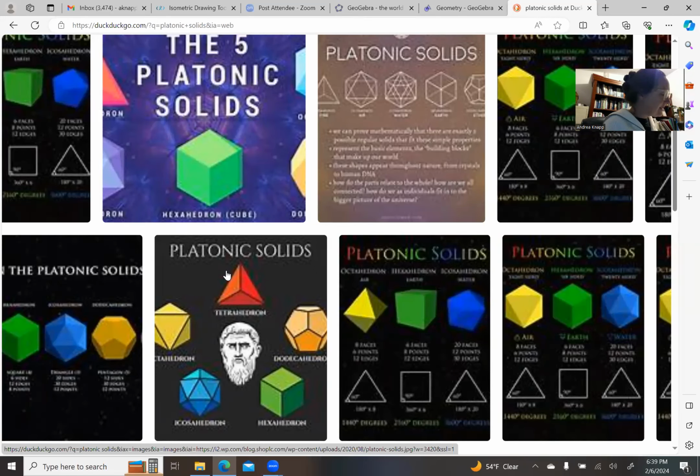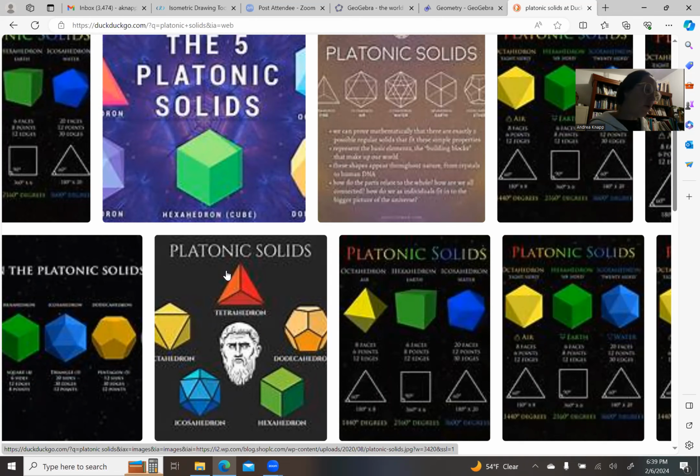Okay, so in section 11.4, you want to be familiar with your solids, be familiar with how to name a face, an edge, a vertex, and so on.